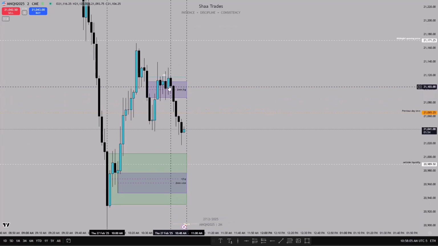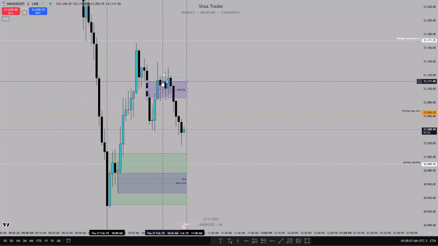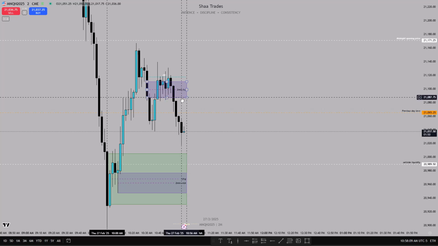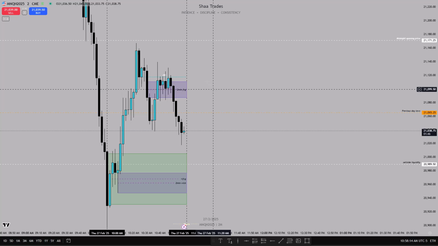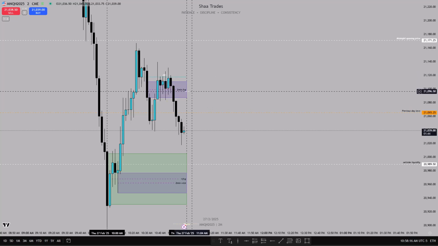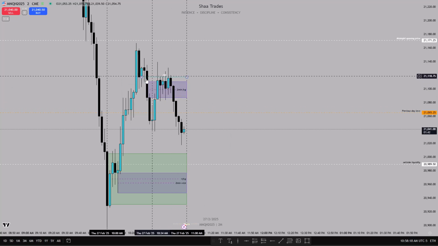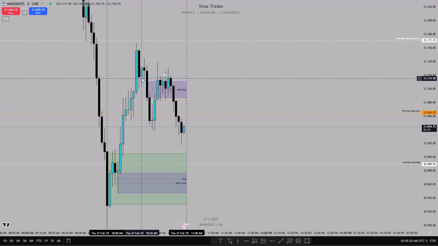price closed above the 2-minute fair value gap, so now they're going to think this is inverted, right? And it keeps doing that, and price is staying lower. But if we look to the left, we have an order block, and price is not closing above that order block.